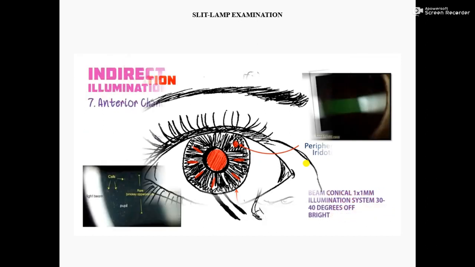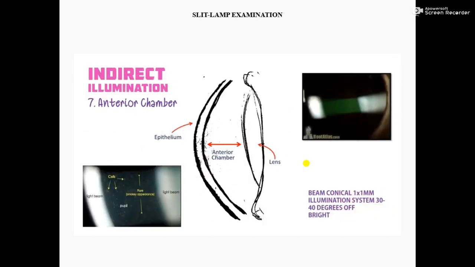Next, indirect illumination. Here, in indirect illumination, the light is focused on an area of the eye that we are not looking at.